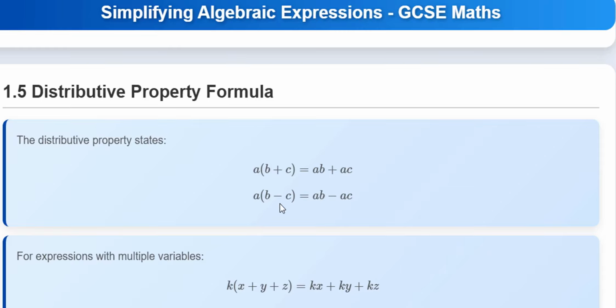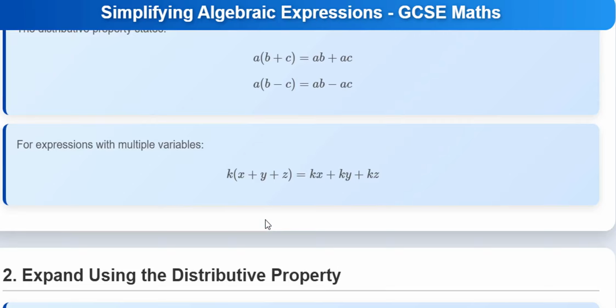That becomes our first formula. Then for the second one, what changes is just the sign, but we retain the logic. We have a multiplied by b, which becomes ab, then minus a multiplied by c, which becomes ac, but now the sign changes because it is subtraction here. Sometimes we have more than two variables inside the brackets, but one outside.